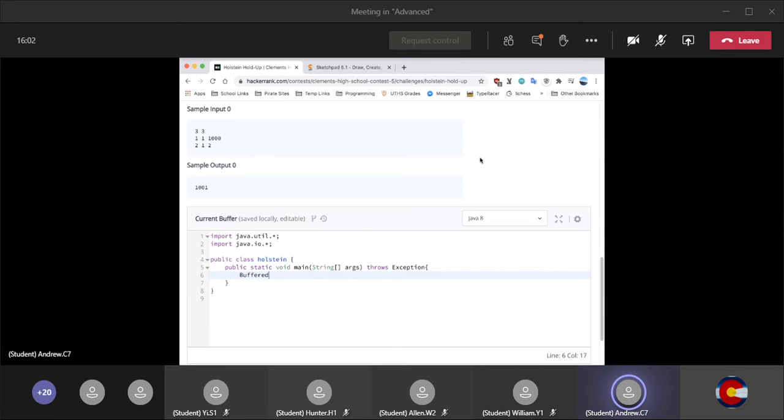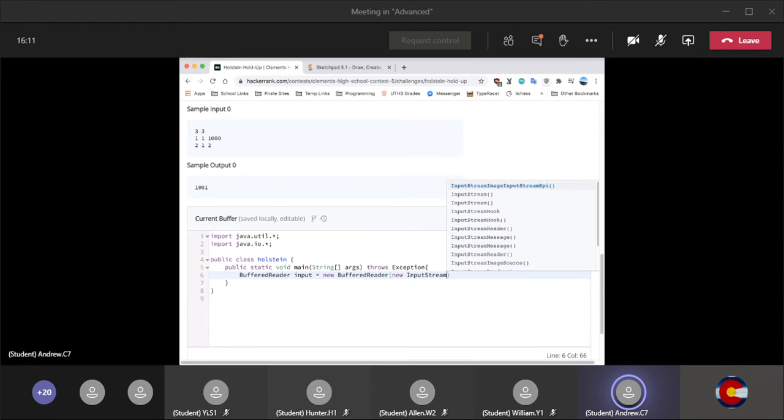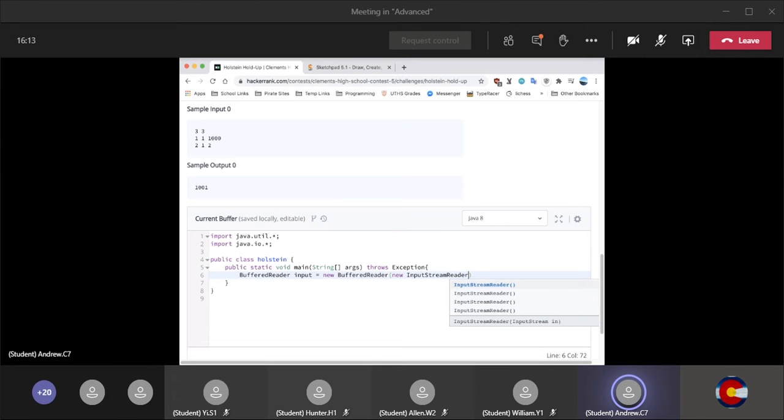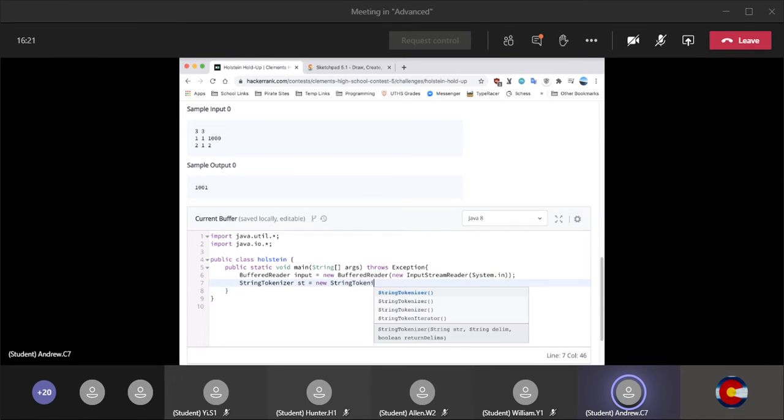Input equals new BufferedReader, new InputStreamReader, System.in. Next of all, we have a string tokenizer. st equals new StringTokenizer, input.readLine.